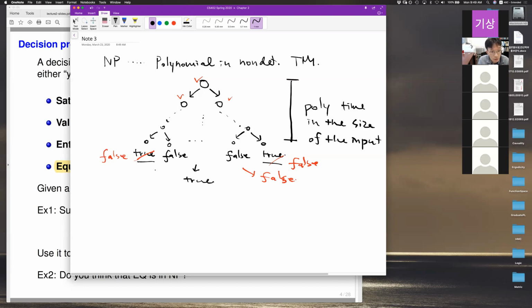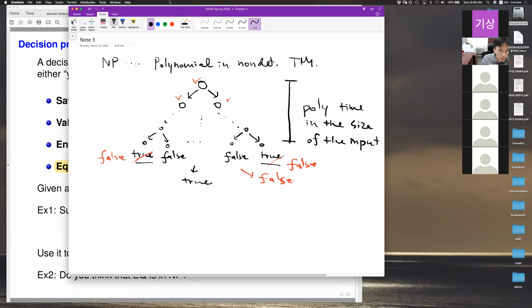That step checks whether true appears at least once in the final output; if so, it returns true. If true doesn't appear anywhere, it returns false. So that's what an NP algorithm does. And then there is something called co-NP.